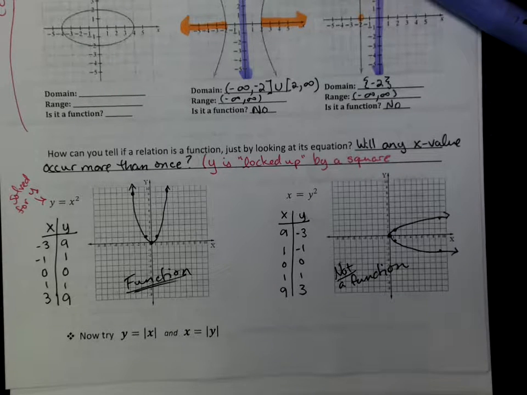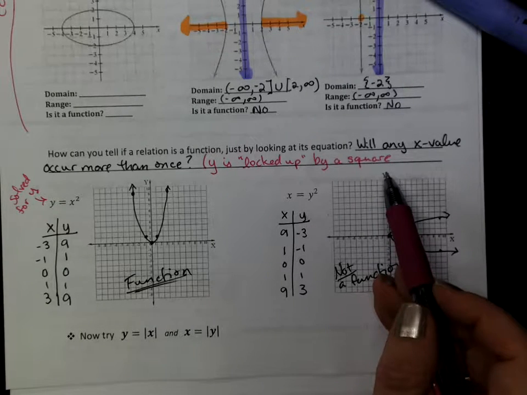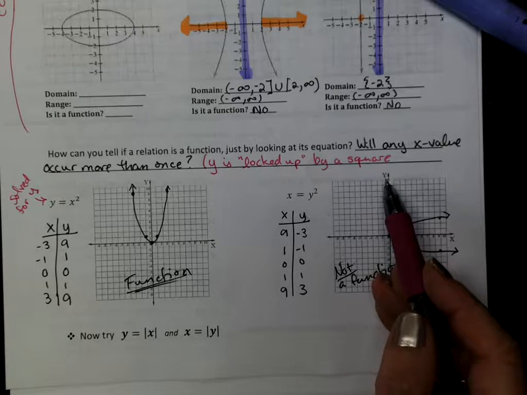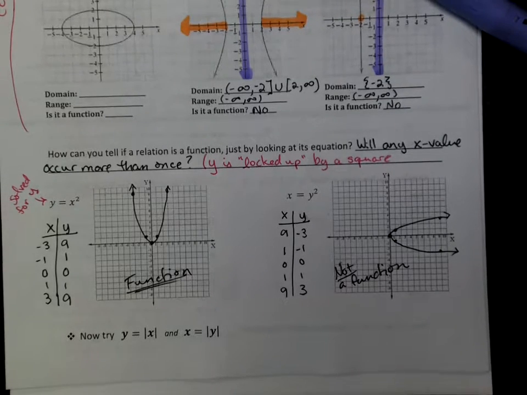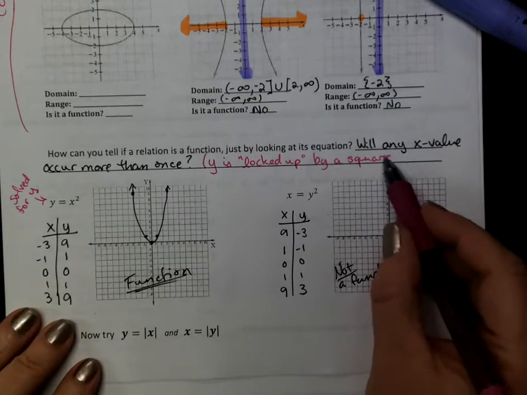It's what? Square, you square opposites, and you get a positive answer. What else can you do to something to opposites and still get a positive answer? Absolute value, right. If I have the absolute value of 5, it equals 5. If I have the absolute value of negative 5, it equals 5. Okay? So absolute value bars have the same effect as squaring.